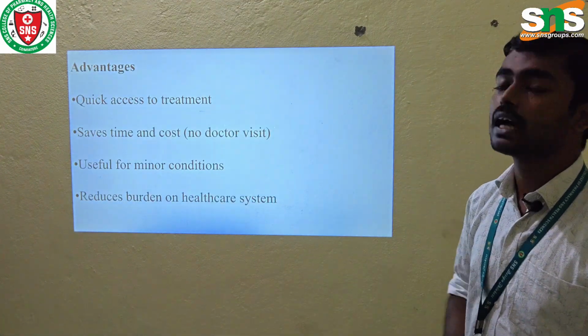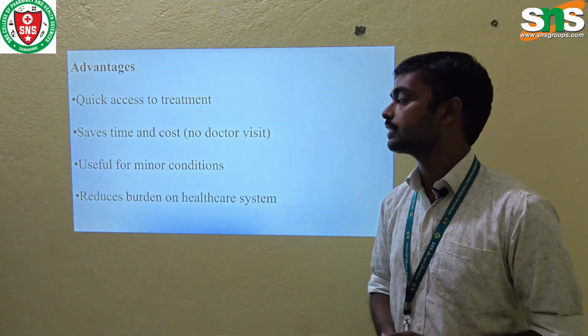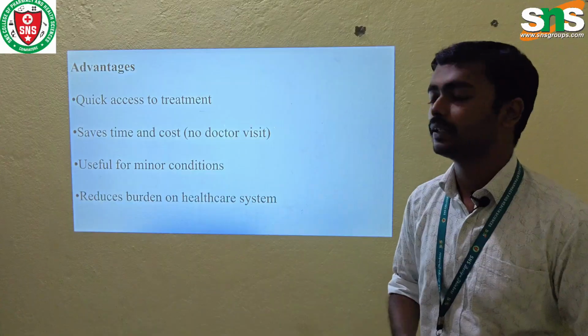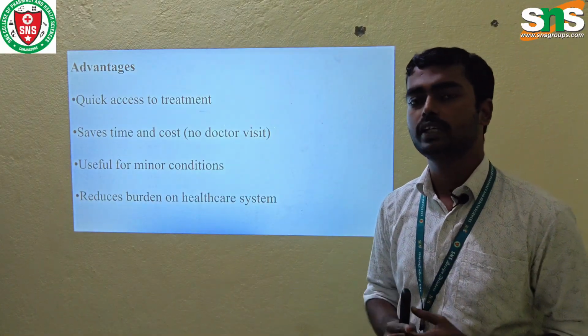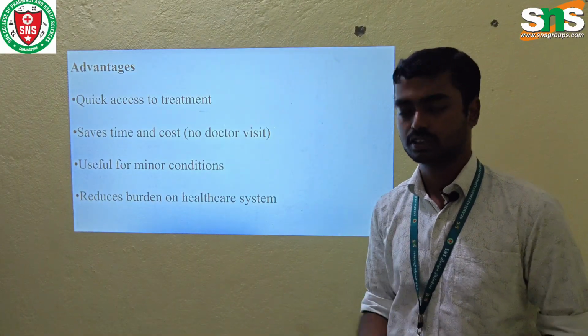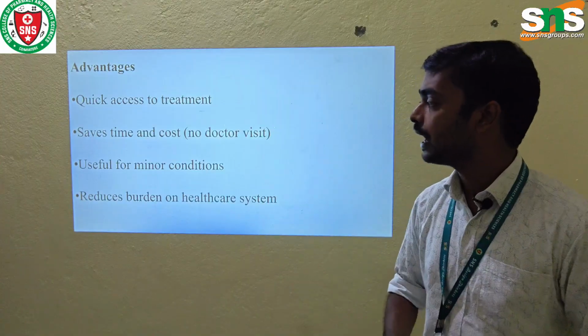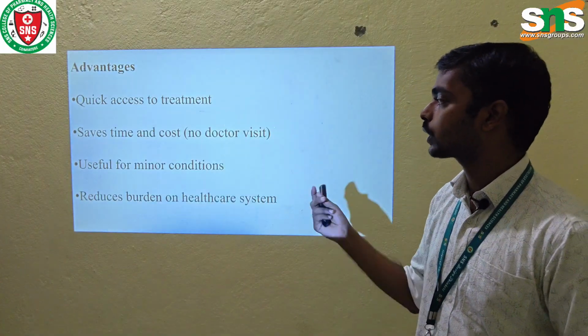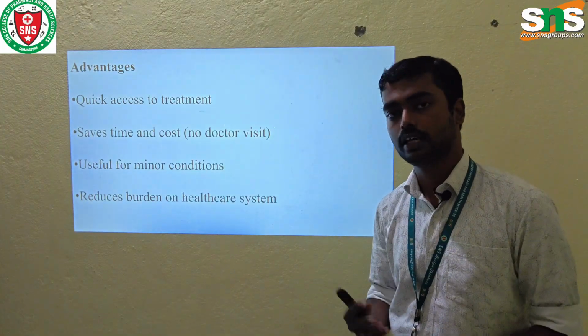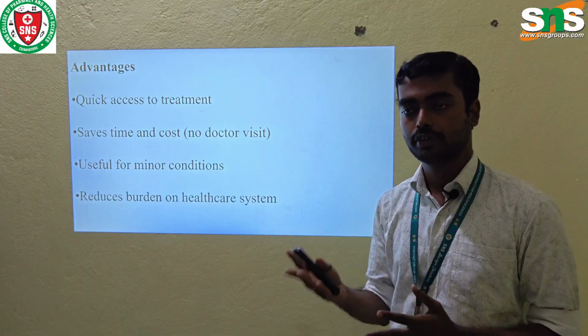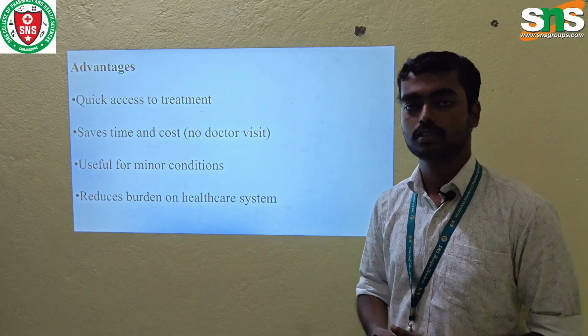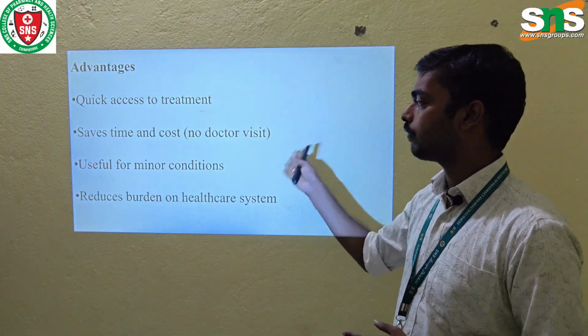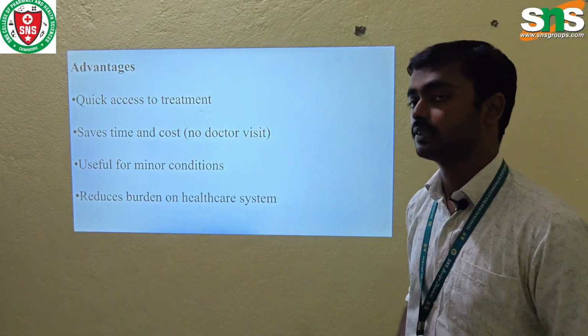Next, what are the advantages of OTC drugs? They give quick access to treatment. Without delay we can treat with the drug, and save time and cost. There is no doctor visit. If we visit a doctor, there are doctor fees, and if we do some tests, there are a lot of fees related to that. To avoid that, we can save cost and time.